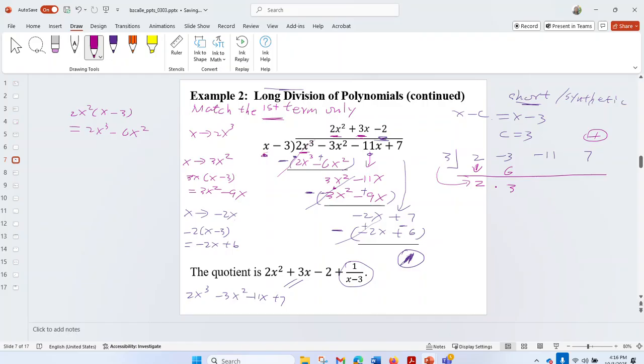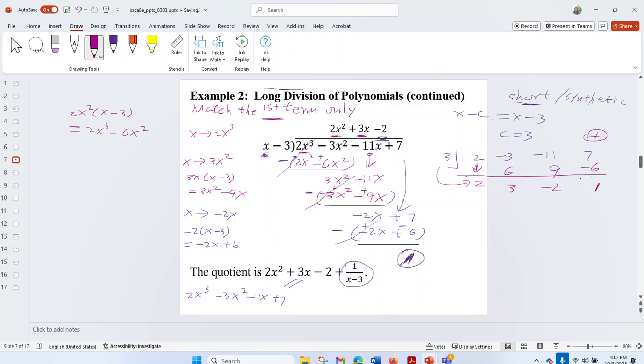Okay, you don't do anything with the first one. All right, and then 3 times 3, you're gonna get a 9, and then you add a 9 here, negative 11 plus 9, you got negative 2. 3 times negative 2, you will get a negative 6, right? And then 7 plus negative 6, you got 1.